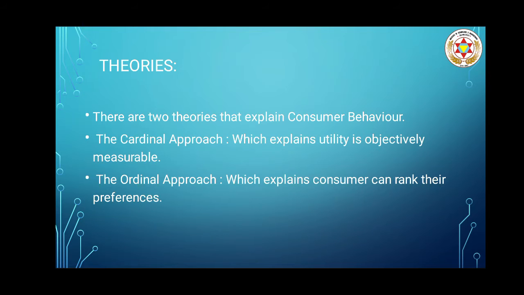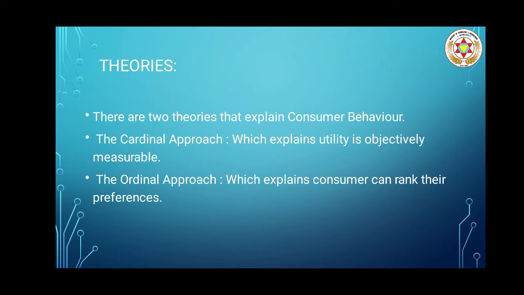Economists have tried to explain consumer choice and behavior in terms of utility. The concept of utility can be divided into the cardinal utility analysis and the ordinal utility analysis.